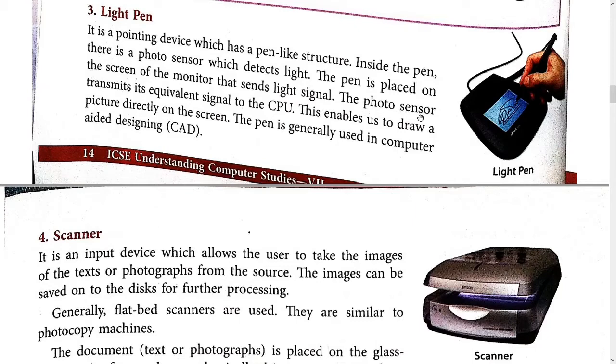The photo sensor transmits its equivalent signal to the CPU. This enables us to draw a picture directly on the screen. The pen is generally used in computer-aided design, that is CAD. In smart board also this light pen is used.